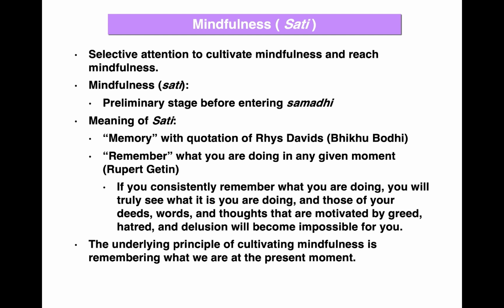If you consistently remember what you are doing, you will truly see what it is you are doing, and those of your deeds, words, and thoughts that are motivated by greed, hatred, delusion will become impossible for you. So in Buddhist practice, the Buddha teaches us to give up greed, hatred, delusion, because these three poisons hinder the achievement of successful meditation.